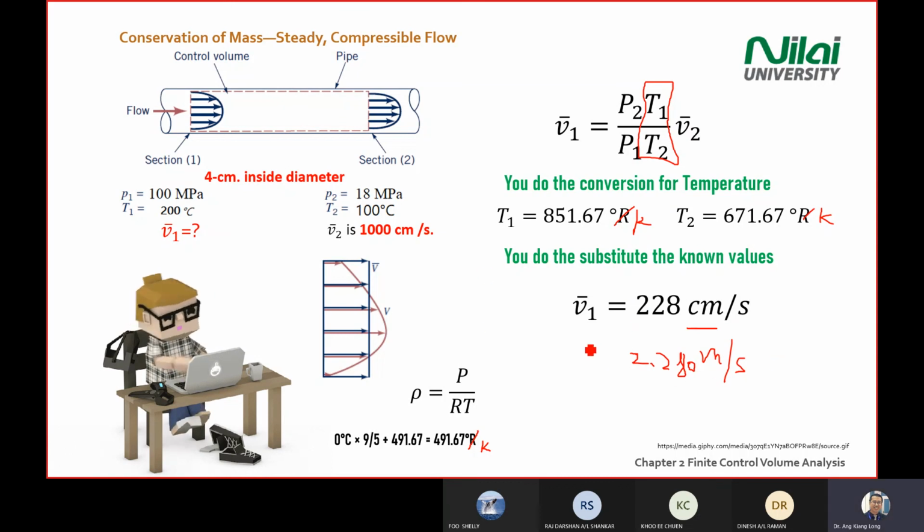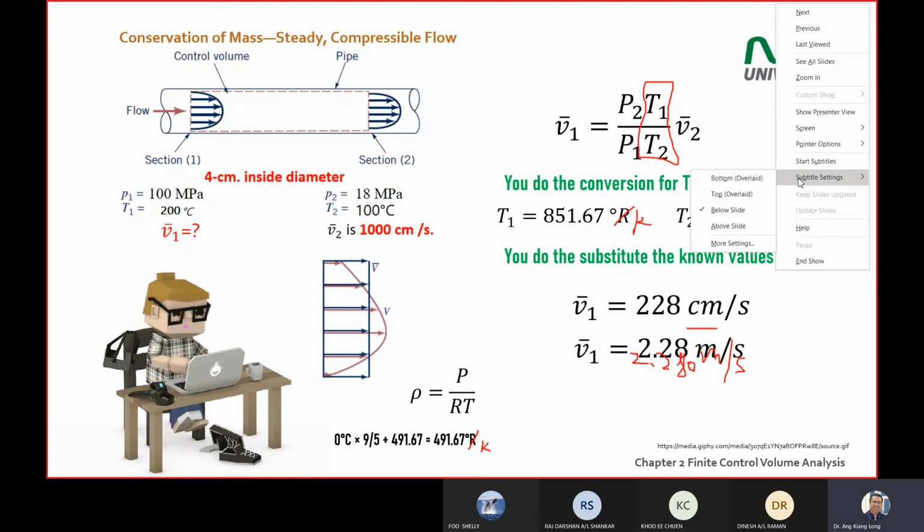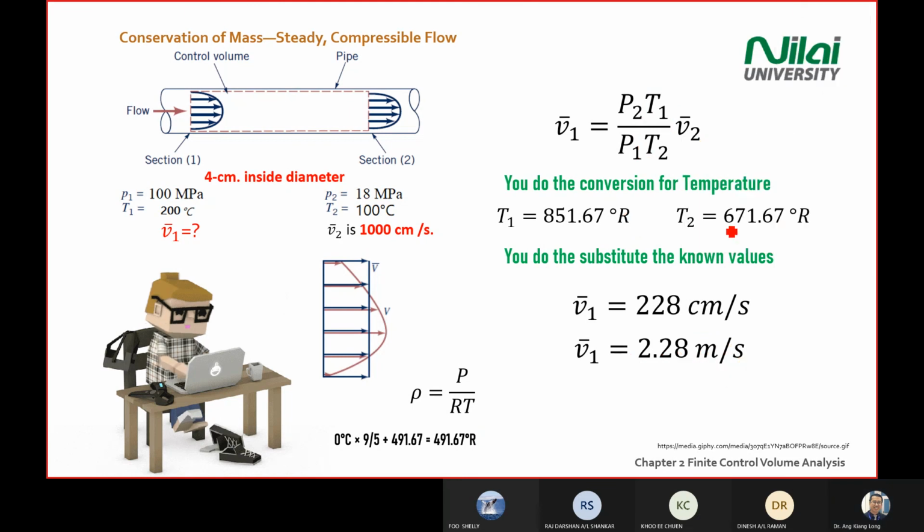So this is how you solve for this kind of question, by looking for the keyword inside the question. Okay, either in cm or meter, depends on how the question asks you.